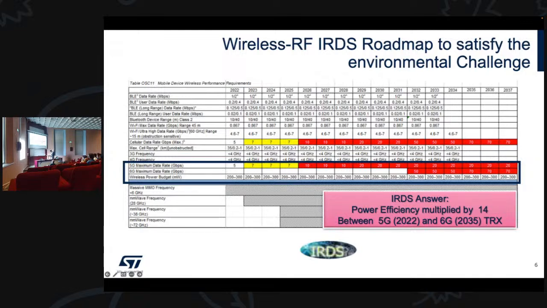If you look at what will be the case in 2035 for the 6G, the data rate should be 70 gigabit per second for the transceiver, and the power consumption is exactly the same. So this is a roadmap. This is a guide for us.